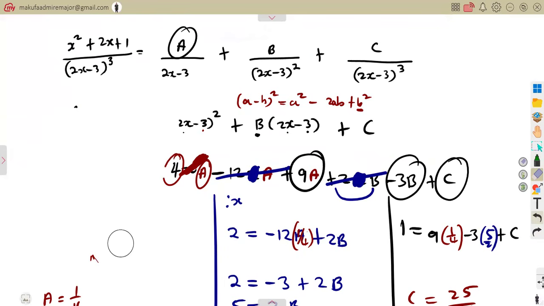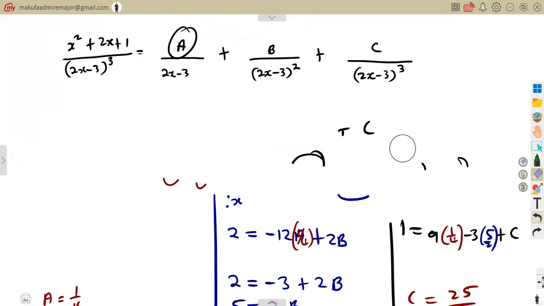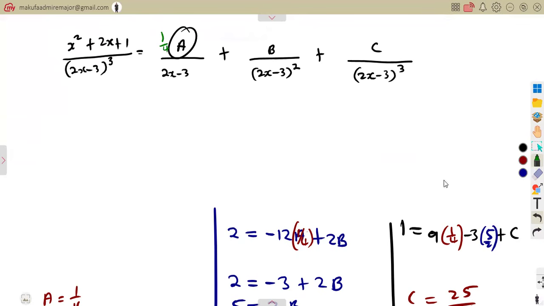So remember our a is 1 over 4. So it was supposed to be 1 over 4 on top like this. But 1 over 4, we can take the 4 into the denominator. So it will be like this, 1 over 4 into 2x minus 3.